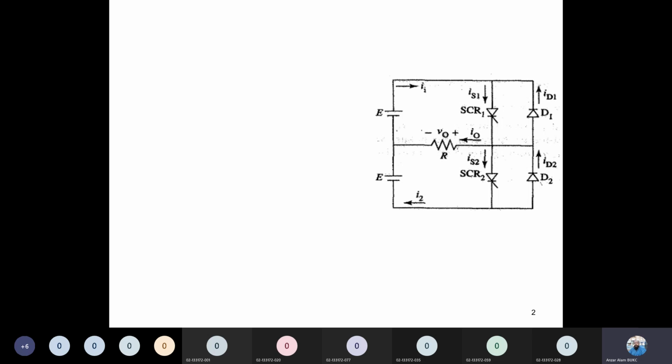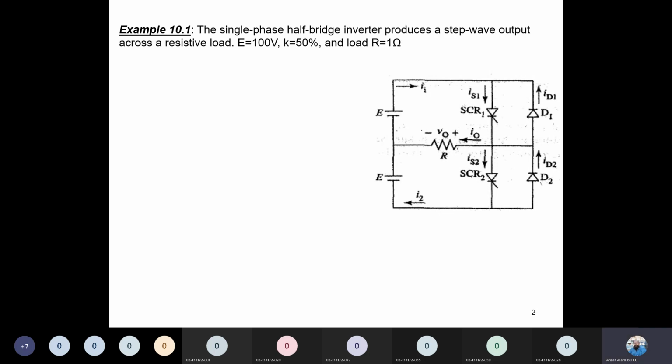This is again the same circuit I have taken from Ashfaq Ahmad. This is example 10.1, and you should recall, is this a half bridge or a full bridge? I have to ask you.